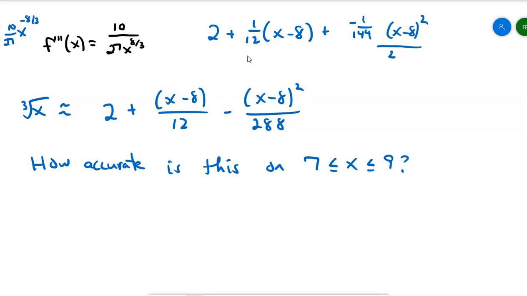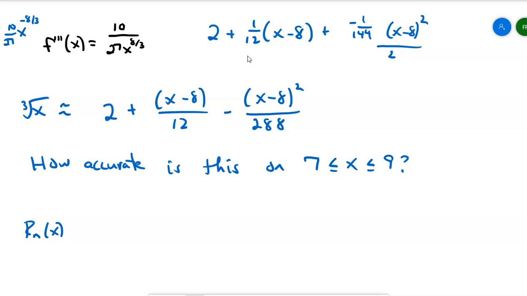All right. If I go to my error formula, the error formula asks for the n plus first derivative, right? So the Lagrange form of the remainder says that if I stop after n terms, I need the n plus first derivative.